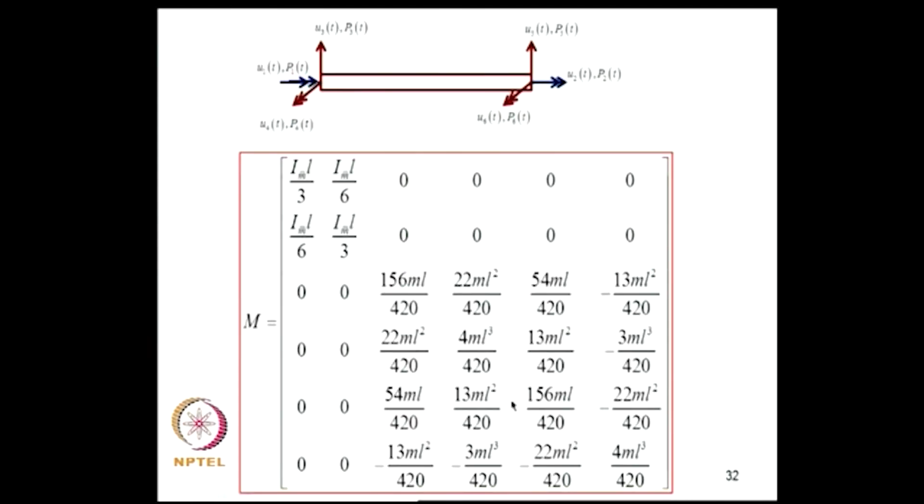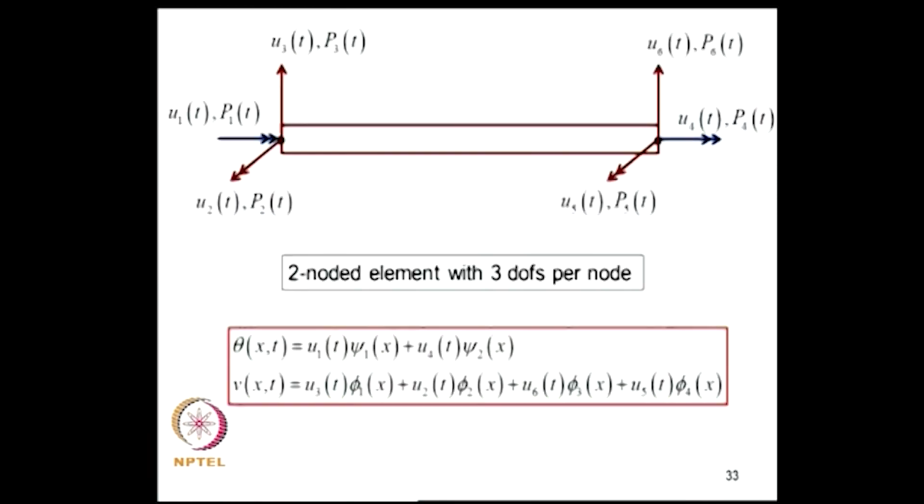This is the mass matrix, again this is a contribution due to twisting and this is a contribution due to bending. Now, in actual application we will not be using this type of numbering scheme, because we need to transform the matrices K and M to the global coordinate system. It would be helpful if we number the degrees of freedom node wise, that is I will call these 1, 2, 3 and 4, 5, 6.